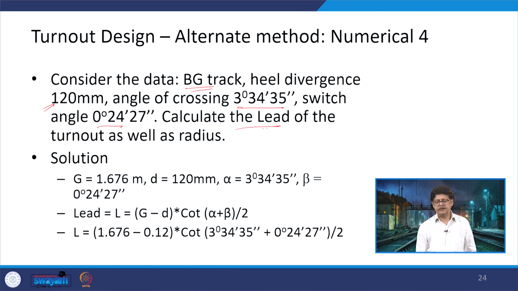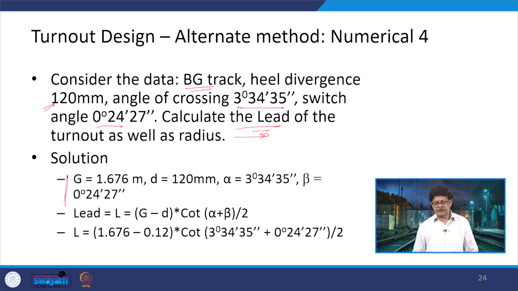We have to calculate the lead of the turnout as well as the radius considering the alternate method. The other way of writing that is to consider that the curve starts at the heel of the switch and ends at the TNC. So, here you will be using the alternate method. These values are known to us.